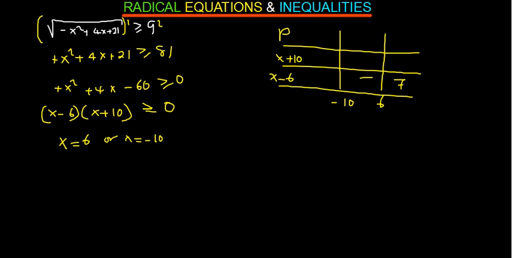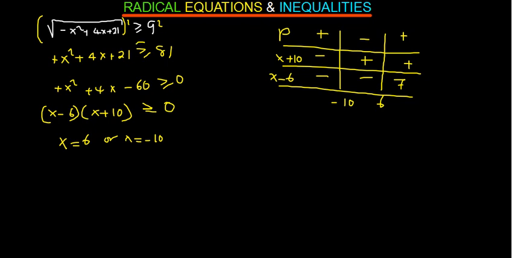For example, you can use a negative 5 or negative 1 and it will be negative. When I equated x plus 10 to 0, I found negative 10. If I use a value of x greater than negative 10, for example 0, I put here, it is positive. And as long as I cross negative 10, it gives me negative. Negative times negative is going to be positive. Positive, negative, negative. Positive, positive, positive.